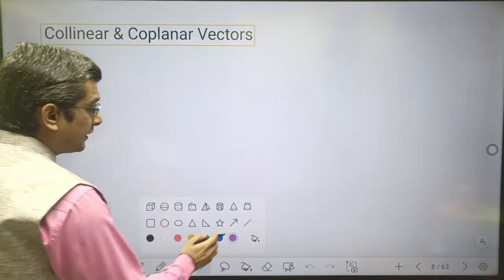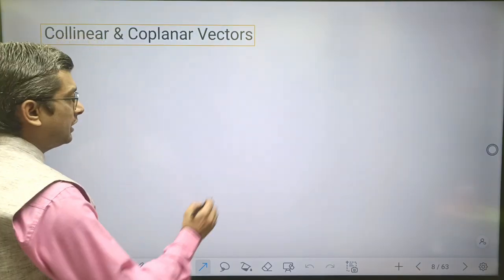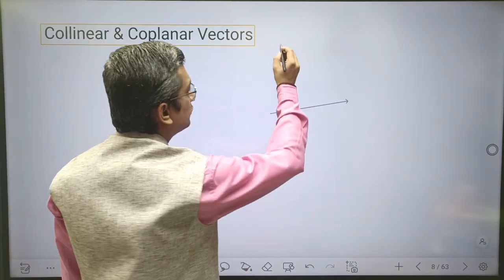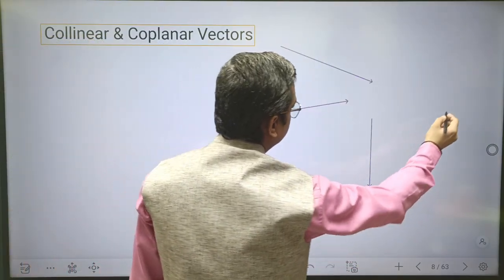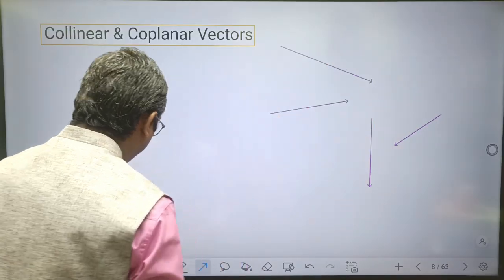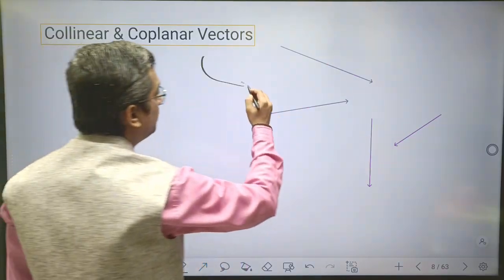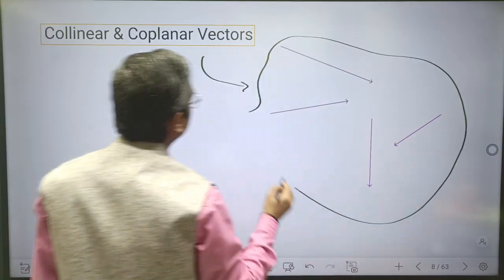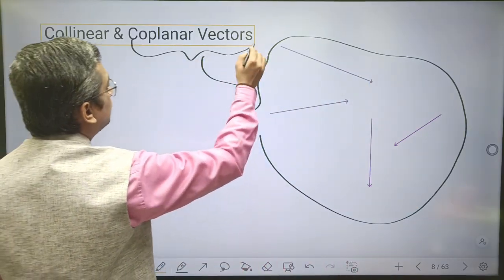Now the next slide is coplanar vectors. Any vectors which lie on the same plane, suppose the plane of this board, are coplanar vectors, because they all lie on the same plane.